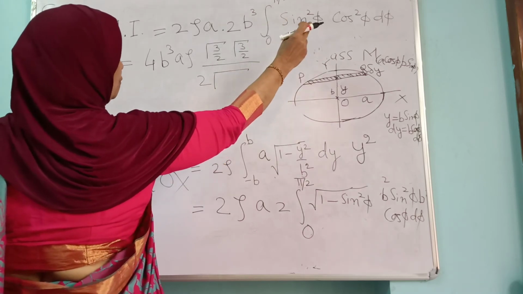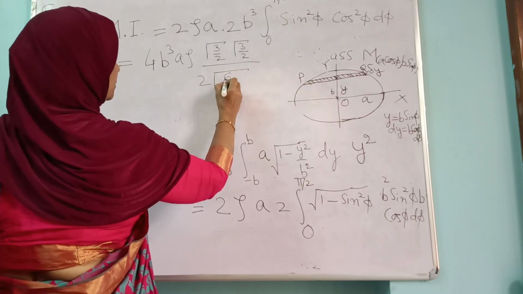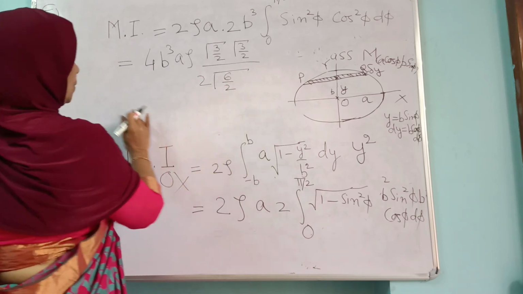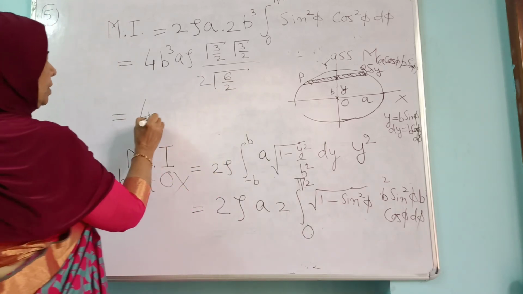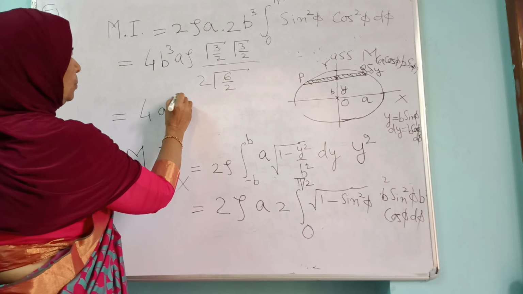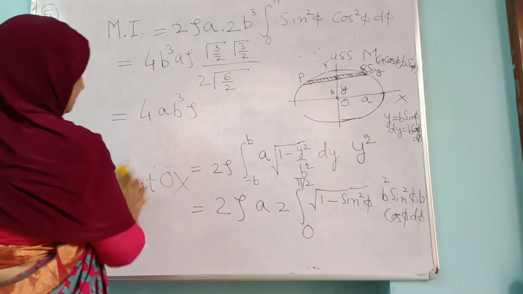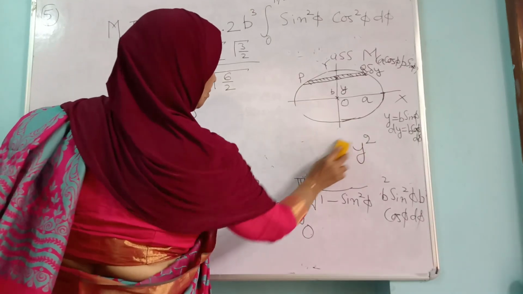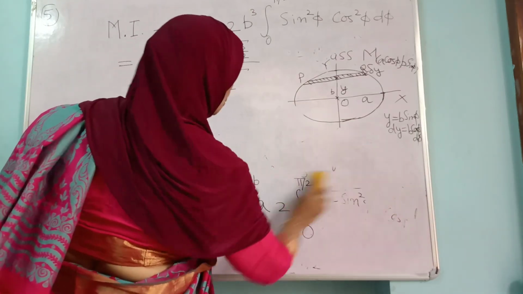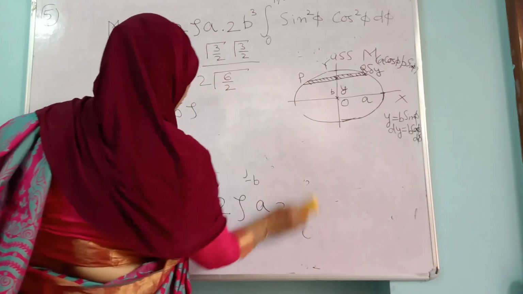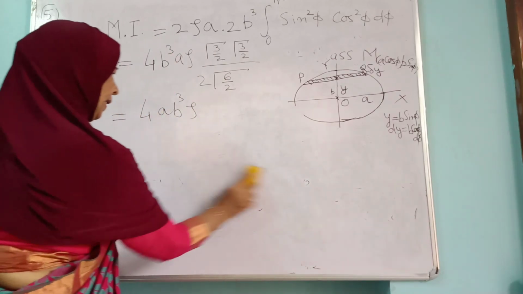So 2 plus 2 is 4, plus 2 is 6, by 2. So that will be 4 a b cube rho, and then 1 by 2 root pi and 1 by 2 root pi.